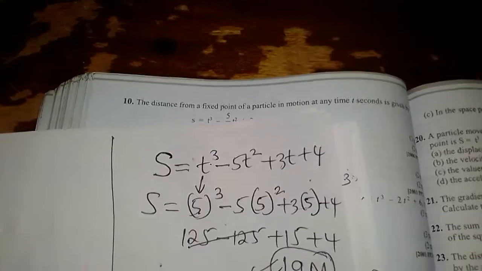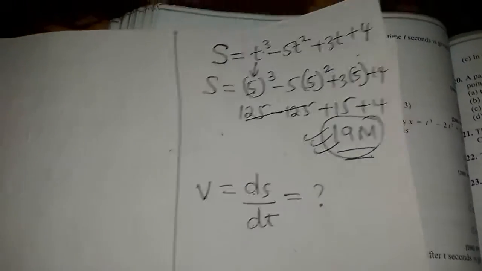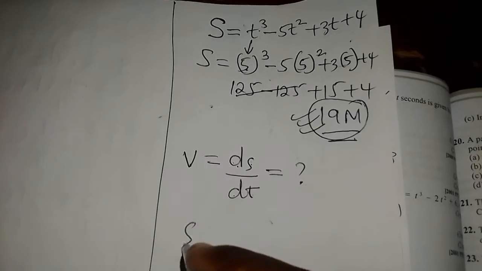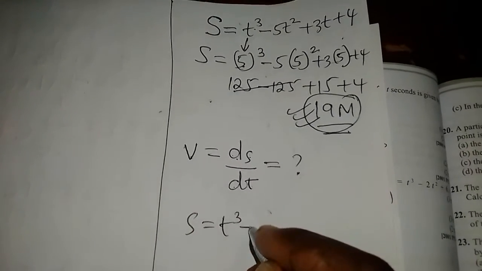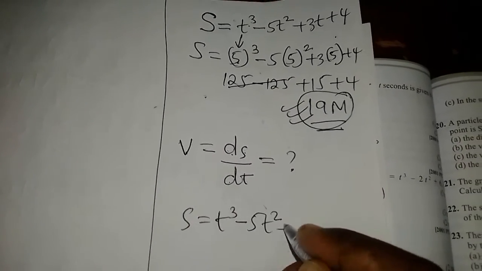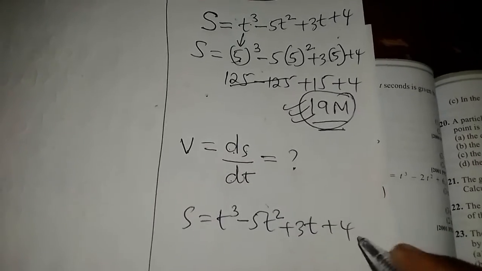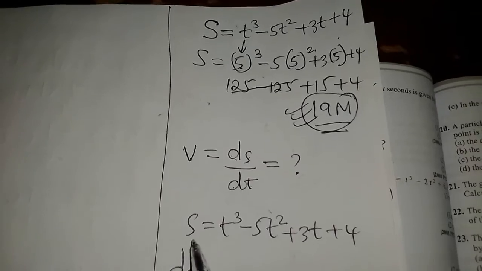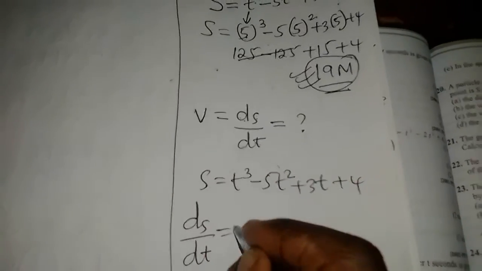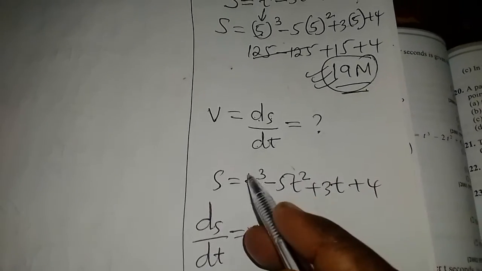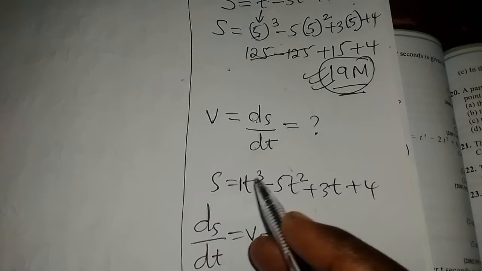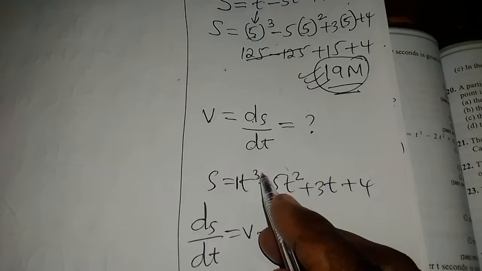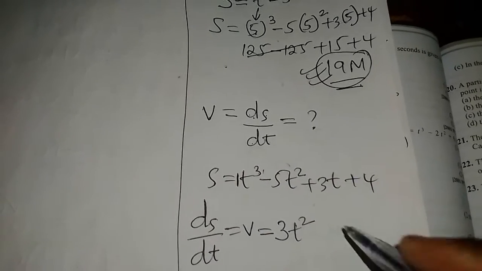So I'll rewrite the equation: s equals t cubed minus 5t squared plus 3t plus 4. Then ds dt, the differentiation of the equation for displacement, should give me the equation for velocity. I assume there is 1 here: 3 times 1 gives you 3, you reduce the power by 1, that becomes t squared.